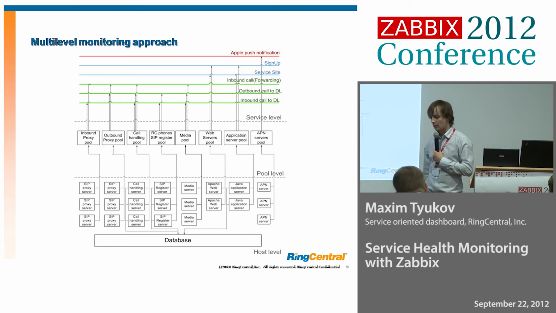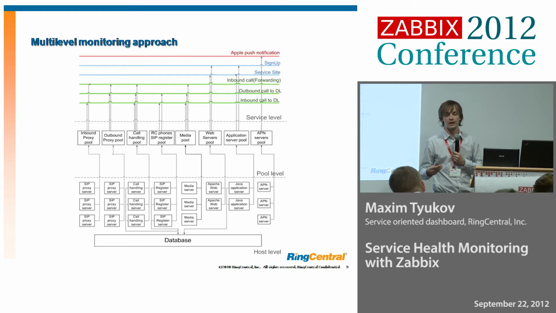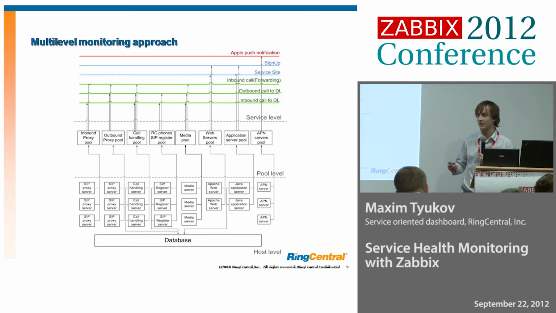Let's take an example of inbound calls forwarding. This service allows our customers to receive a call, handle it according to the customer's answering rules, and forward it outside to their mobiles. To receive a call, we need to receive it via an inbound proxy. Then we need to handle the call in a call handling pool.